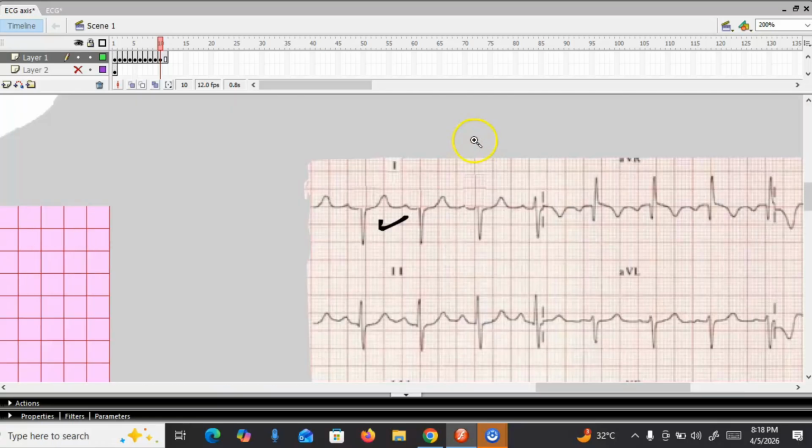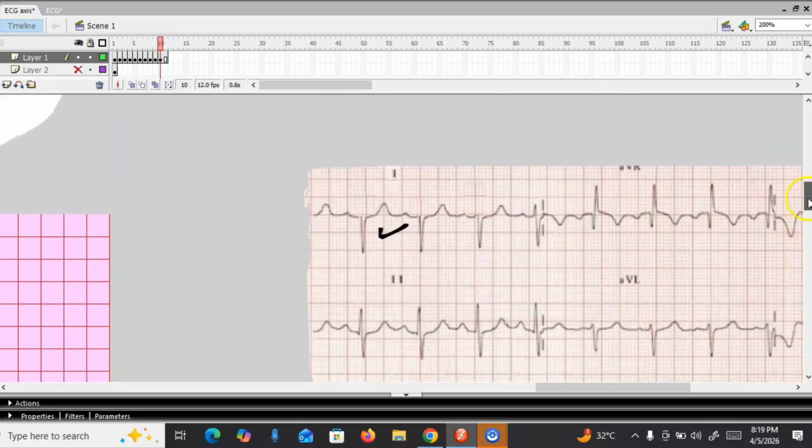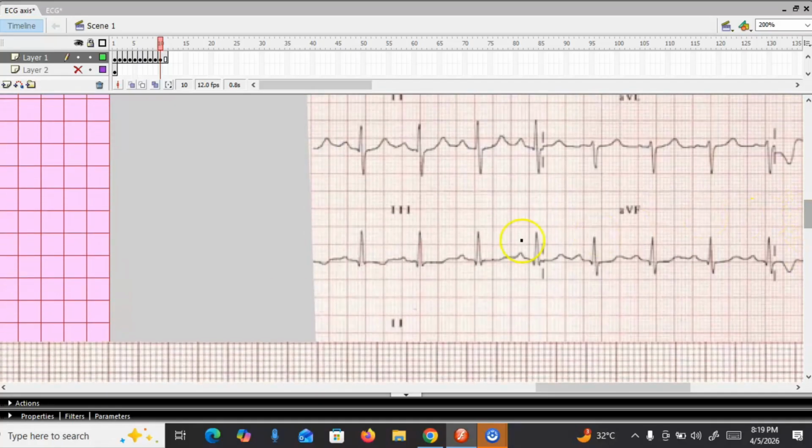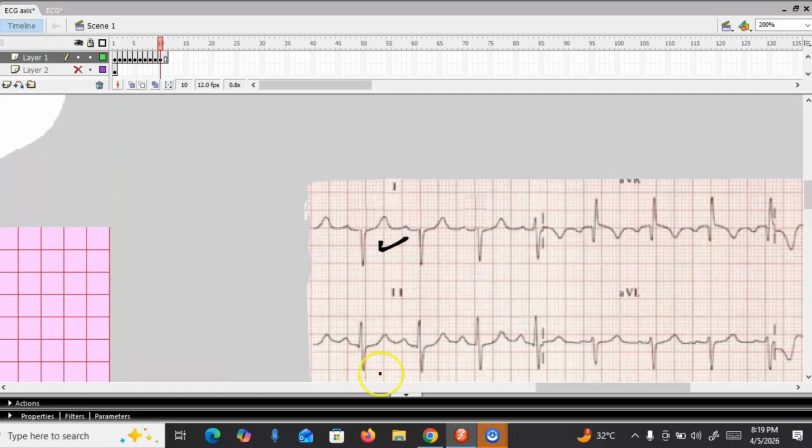Here the S wave is deep in lead 1, and in lead 3 the R wave is around 2 big squares. Understand? So according to the thumb rule, left arm, right arm, it is right axis deviation.